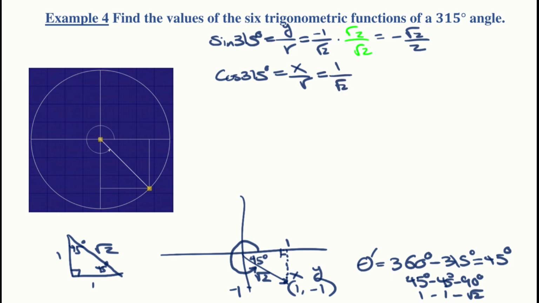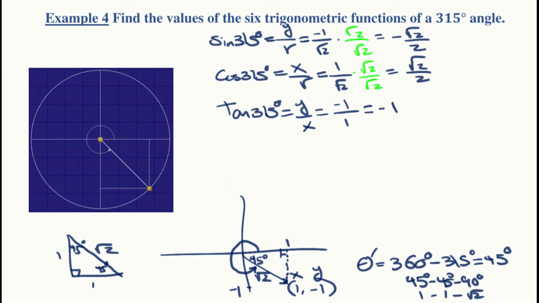And now we're going to go ahead and rationalize that, and we end up with positive square root of 2 over 2. For the tangent of 315 degrees, what we get is y over x. So it's going to be negative 1 over 1, which is negative 1.